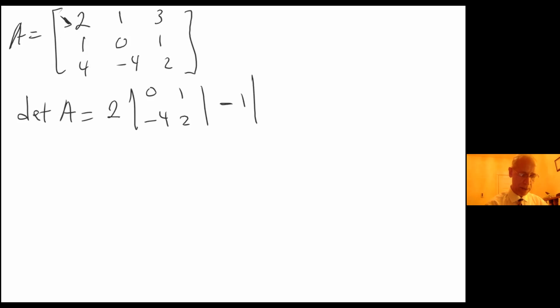And so determinant of A equals, starting from here, 2 times the determinant of 0, 1, -4, 2. Then I have -1 times the determinant of 1, 1, 4, 2. And then I have +3 times the determinant of 1, 0, 4, -4.